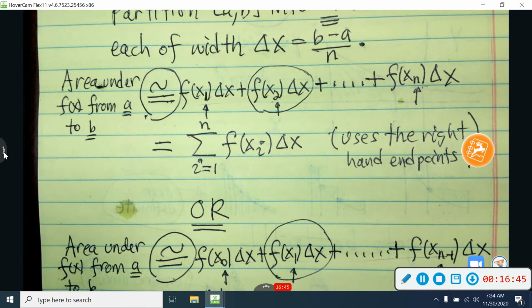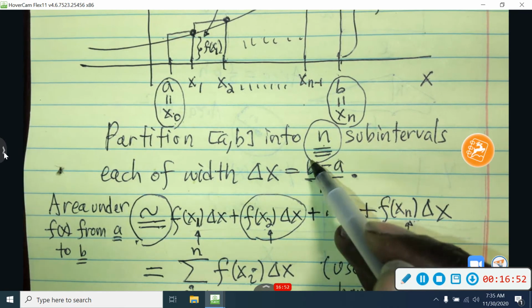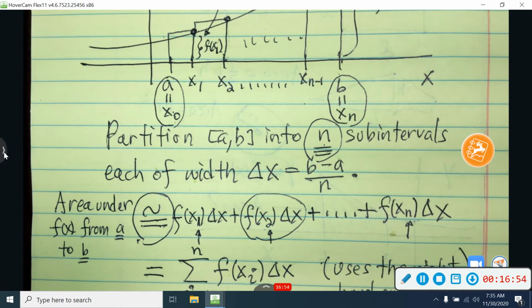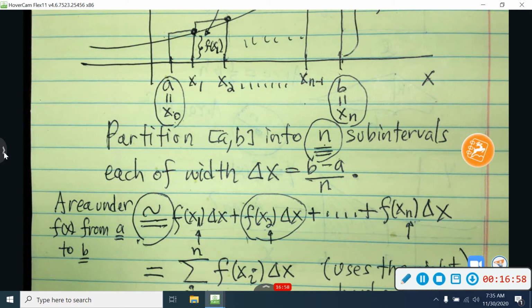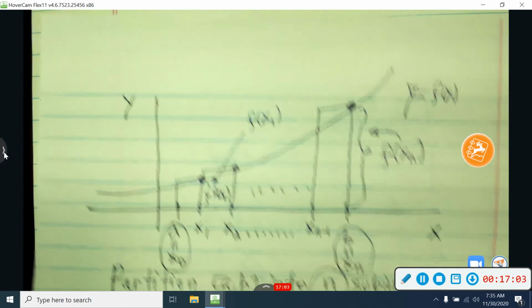The true area would be a limit of you doing this as the number of rectangles, which is n here, goes towards infinity. As the estimate gets better and better, either one, left or right, will converge to the area. Okay? So let's write the actual area.